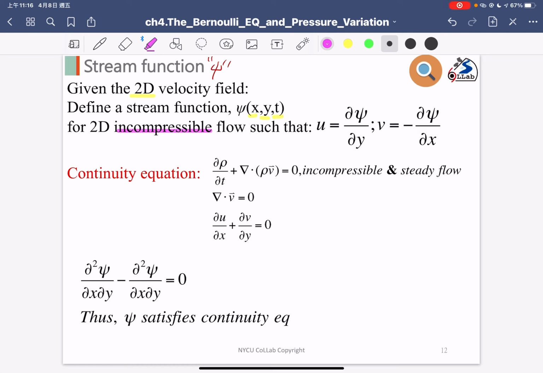And I define u will equal the stream function change along the y direction. And v equals the stream function change along the x direction, but I have an additional minus in here. And what is u? u is the velocity along the x direction, and v is the velocity along the y direction.